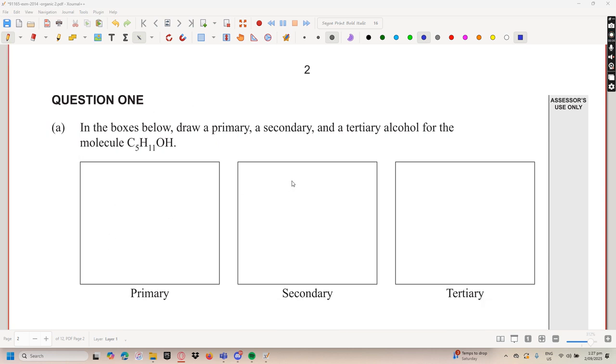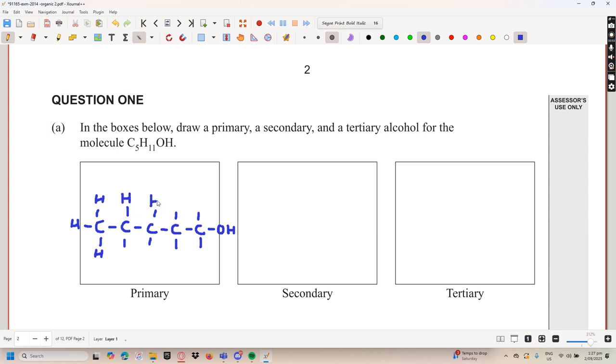So it'll look something on the lines of C C C C C C O H, and then you've got all your hydrogens like this. And you should be able to convince yourself that there are 11 hydrogens here, an OH group, and the 5 carbons.